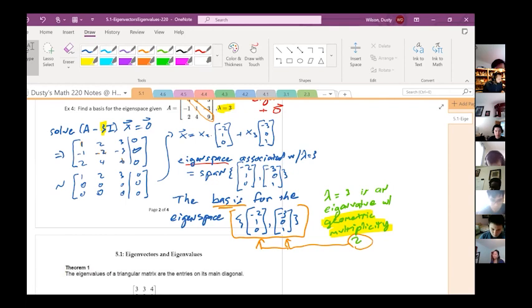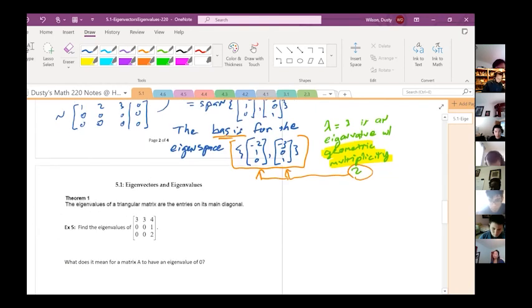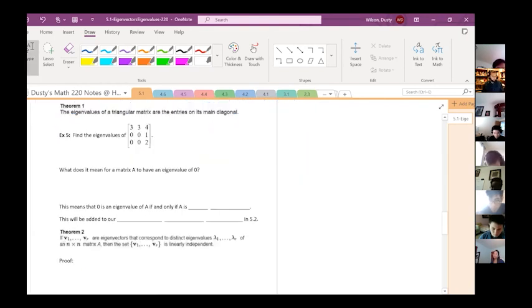Okay, let's hit most of what's left. We're not going to hit the proof, but we can hit a couple other things. This theorem 1, this is your friend. It says if you have a triangular matrix, that's one where there's zeros below the diagonal or zeros above the diagonal, then the eigenvalues are just the entries along the diagonal.